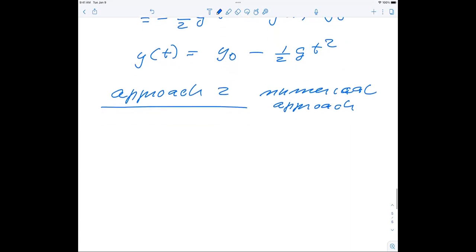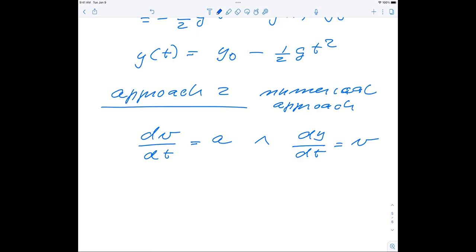So in the numerical approach, we would also start with writing the equation in terms of two first-order equations. So we would have dv/dt, the derivative of velocity, which is equal to acceleration, and dy/dt is equal to the velocity here. So these are coupled differential equations which we are solving.